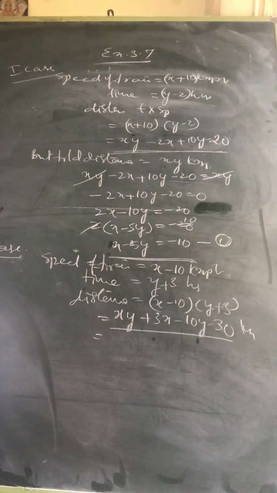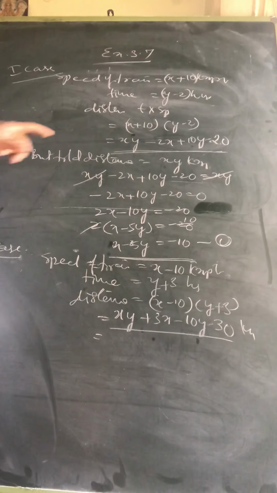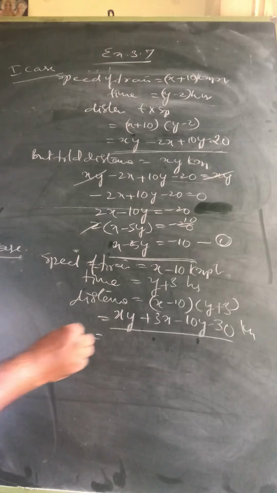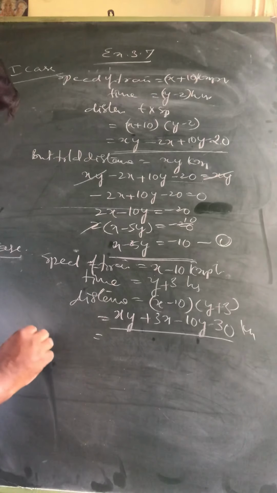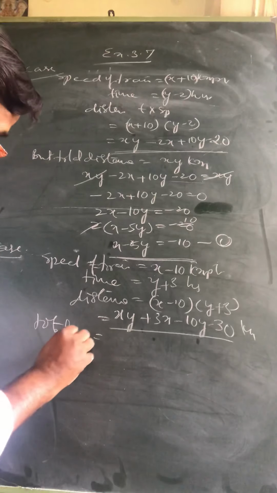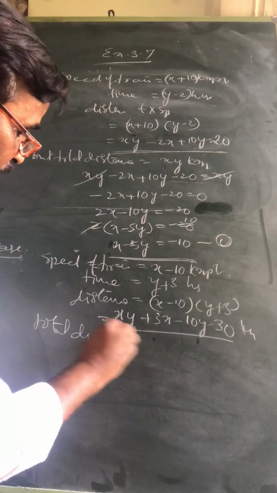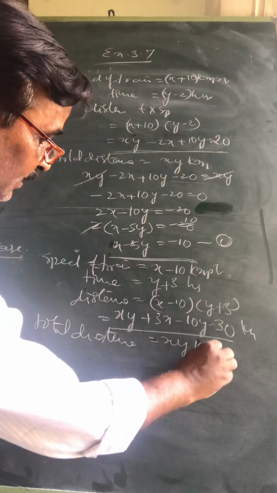Then this is the kilometers travelled by the train. But the total distance, how much did we get? That is xy kilometers.